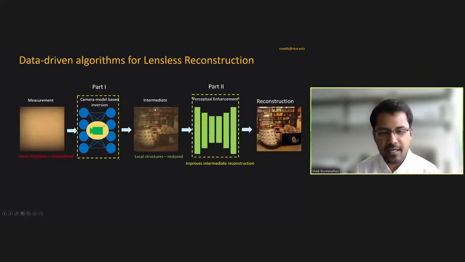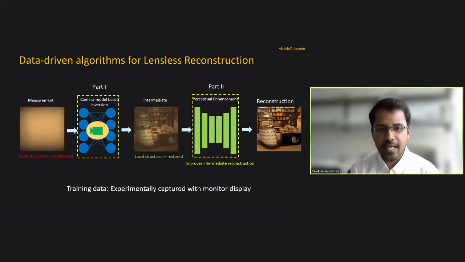The second part takes this intermediate result and enhances it to produce higher quality perceptual images. And the training data can be experimentally captured by using a monitor display with the camera, so you get the measurement and the ground truth.